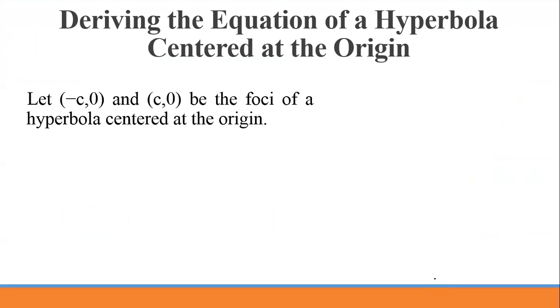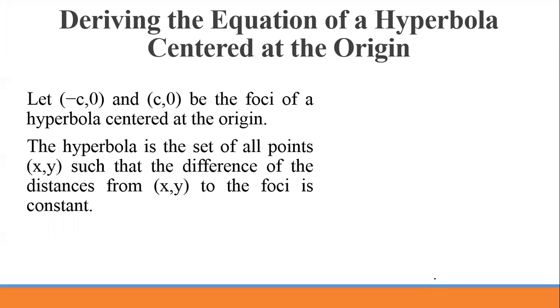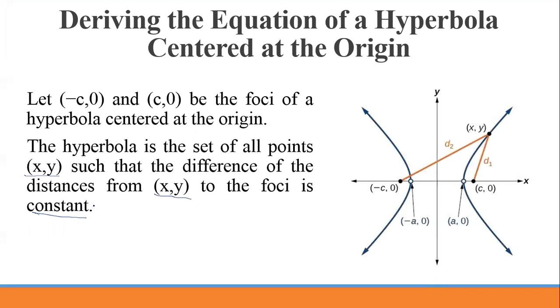So we let the points (-c, 0) and (c, 0) be the foci of a hyperbola centered at the origin. Okay, so the hyperbola is the set of all points (x, y) in the plane such that the difference of the distances from (x, y) to the foci is constant. Ganyan yung kalalabasan.